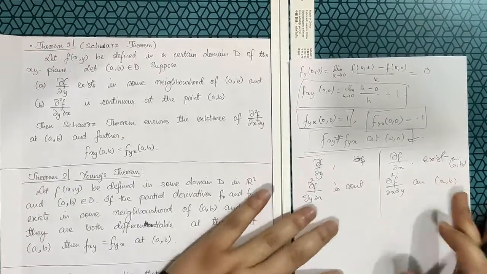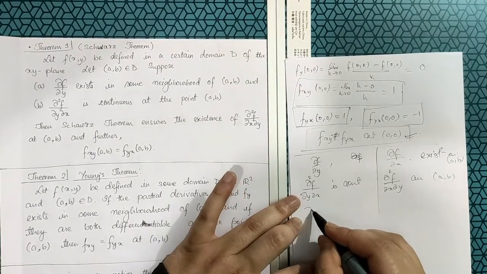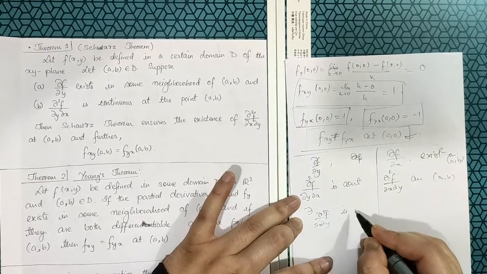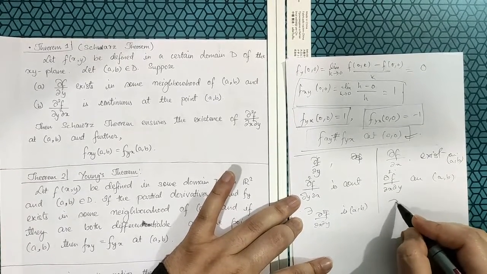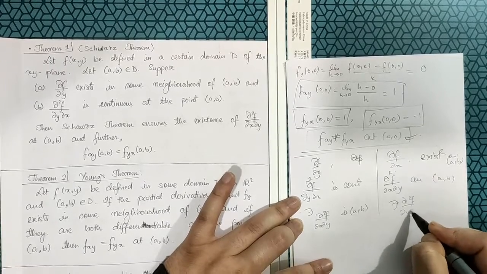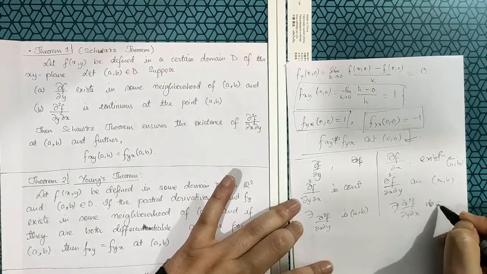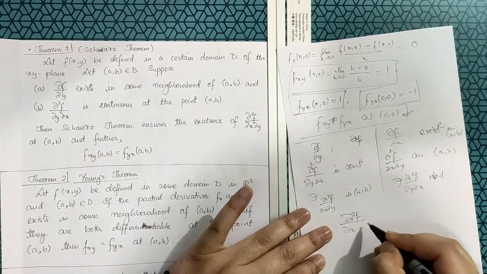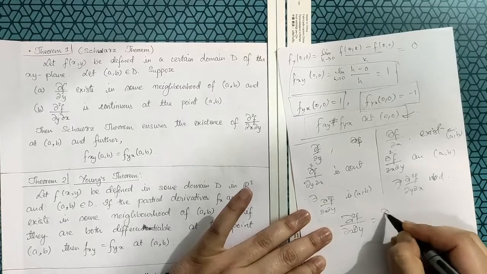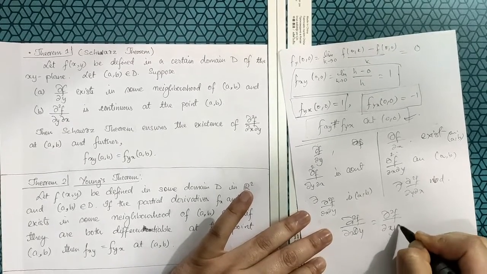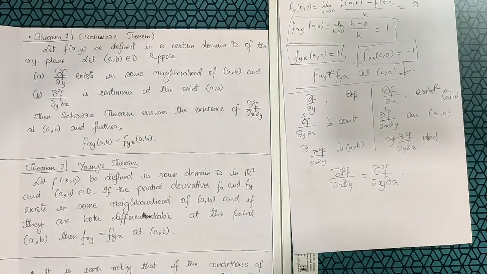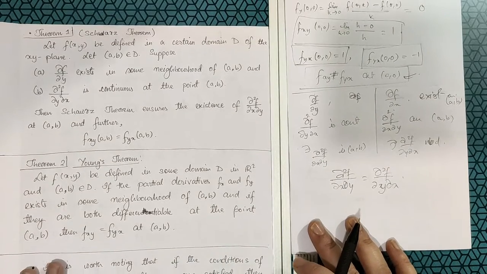If this happens, then this ensures that del 2f by del x del y exists in this neighborhood, and del 2f by del y del x exists in this neighborhood, and it ensures that del 2f by del x del y is equal to del 2f by del y del x. So this is Cauchy's theorem.